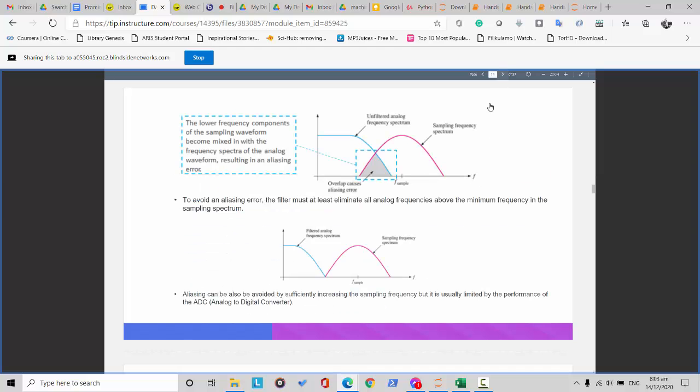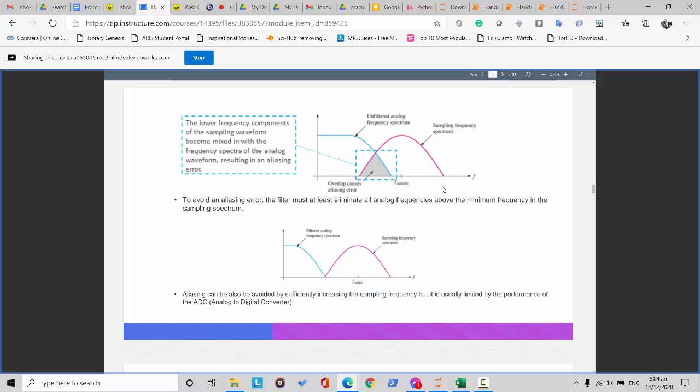So how do we interpret the distortion? We have a signal here overlapping. We have an unfiltered analog frequency spectrum here, colored blue, and the pink color that you see here is a sampling frequency spectrum.